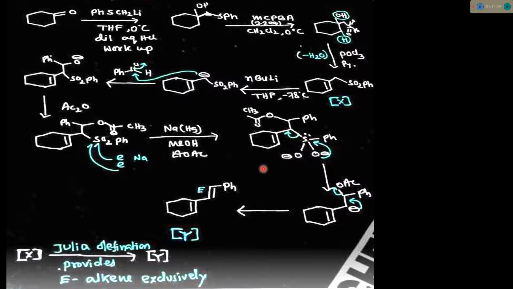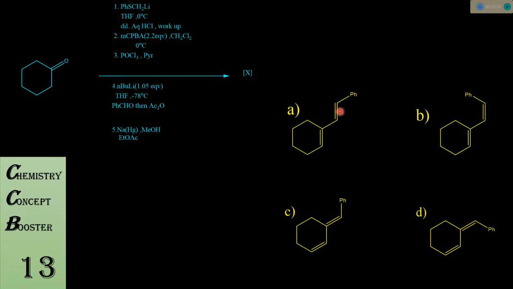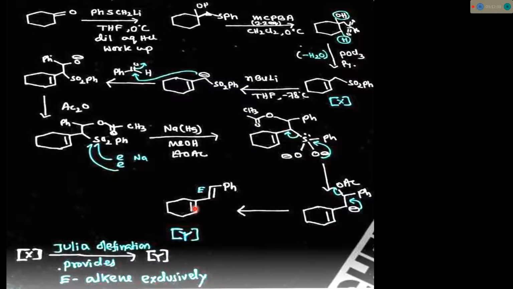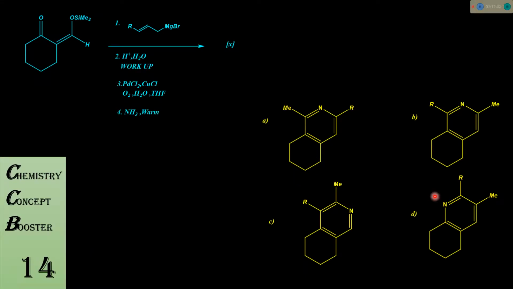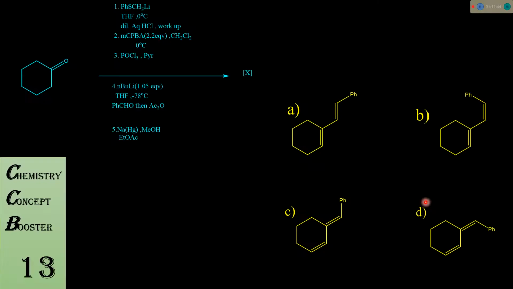So this is the product. We will get the trans alkene, and in the cyclohexane the double bond should be here. So this is the correct answer. This is a cis alkene.